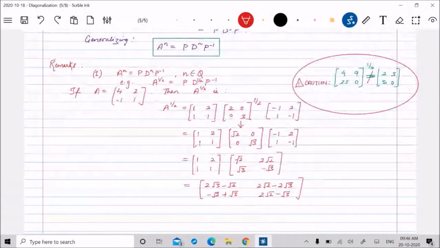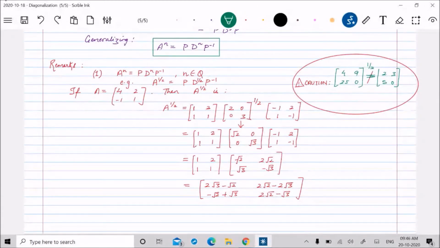And of course, note that I will write caution again. Note the square root of this matrix, because this is not a diagonal matrix, you can see that it is not equal to square root of 4, square root of 2, square root of minus 1, square root of 1.